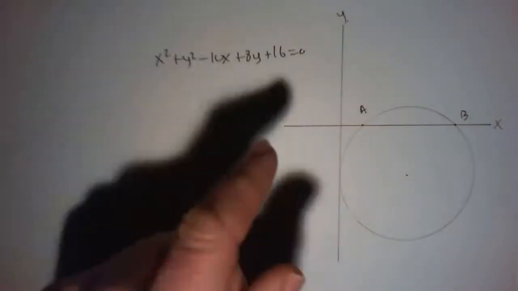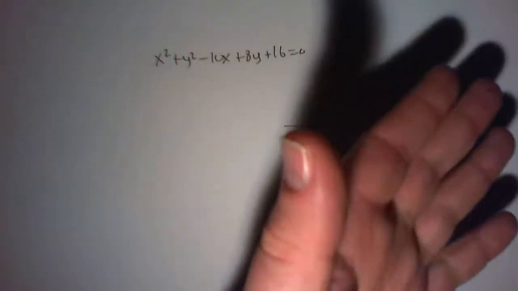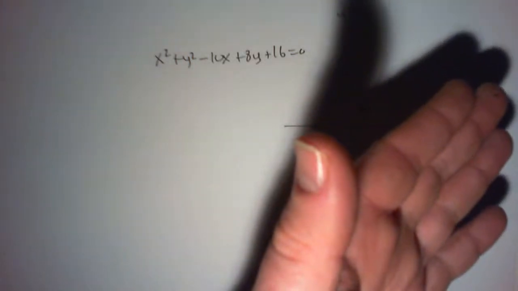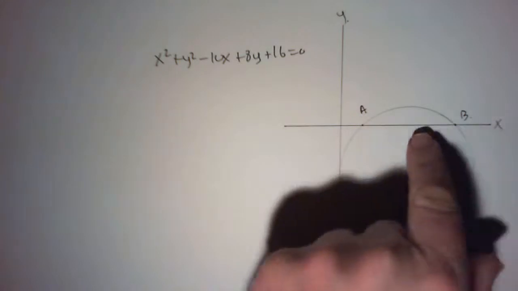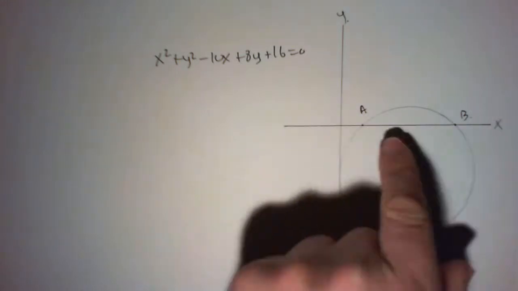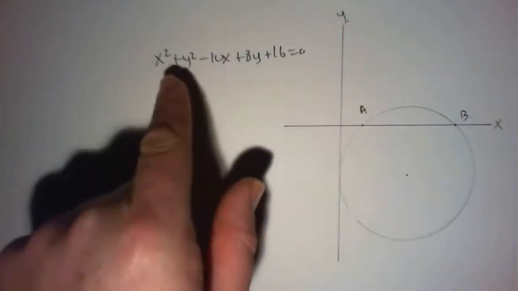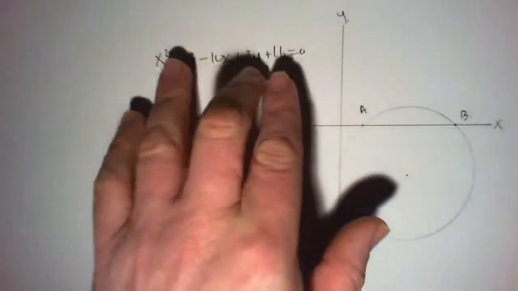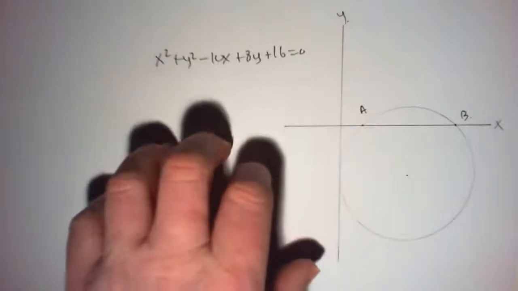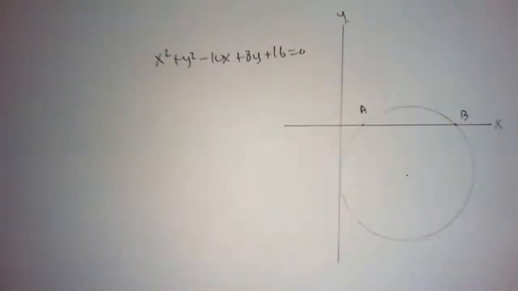What do we know? We know that on the x-axis, y is equal to 0. So we know this line here is y equals 0. That means you could make all of those terms 0, which leaves you with just an x, which you could then solve. Well, let's give that a go.